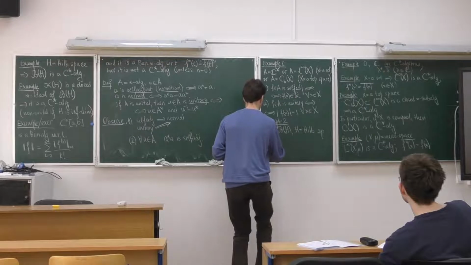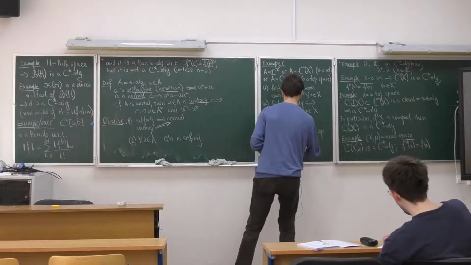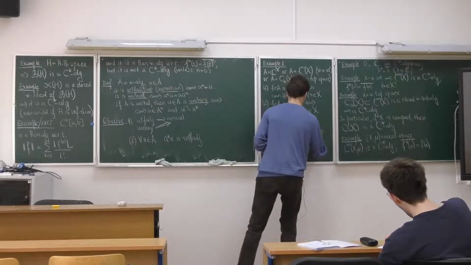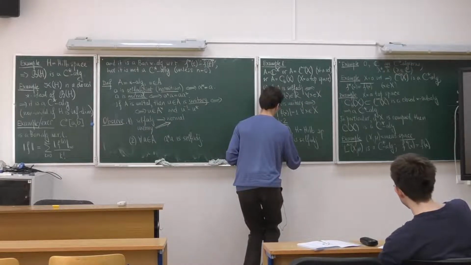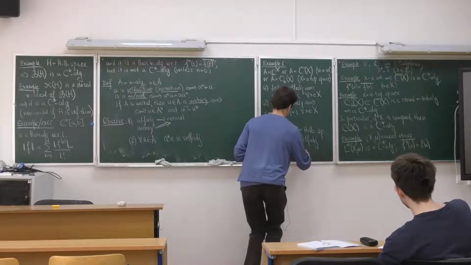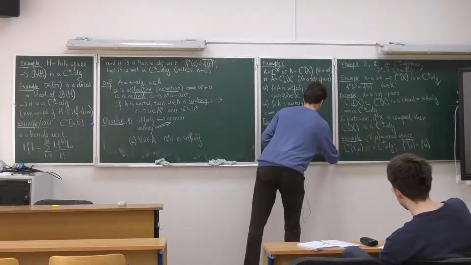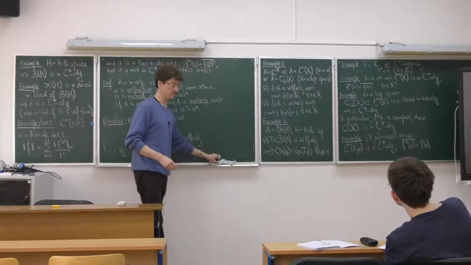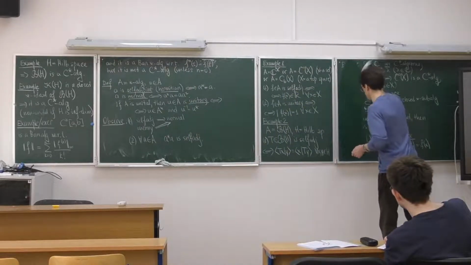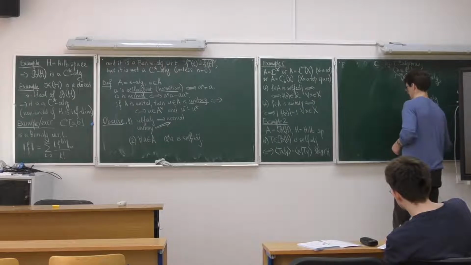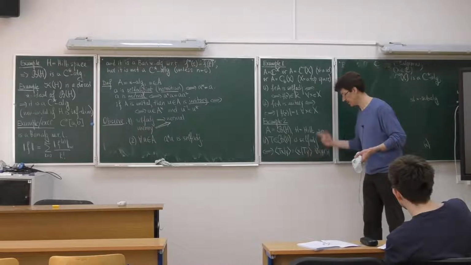Then an operator T on H is self-adjoint if and only if the inner product of Tx and y equals the inner product of x and Ty for each x and y in H. This is immediate from the definition of the involution, because in the general case this is equal to the inner product of x and T star of y.